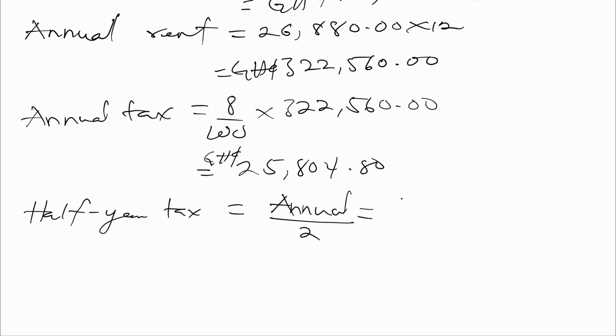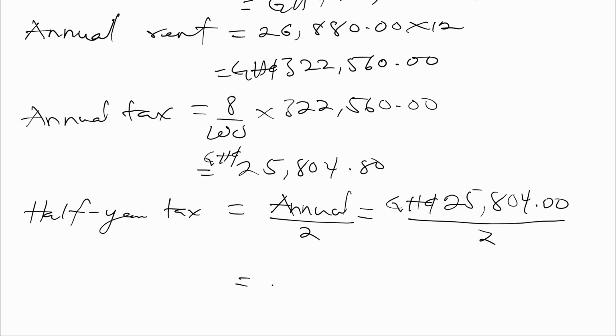And this is equal to 25,804.80 divided by 2, which would give us 12,902.40 Ghana cedis. So the half-year tax will be 12,902.40 Ghana cedis. So this brings us to the end of question 6a.